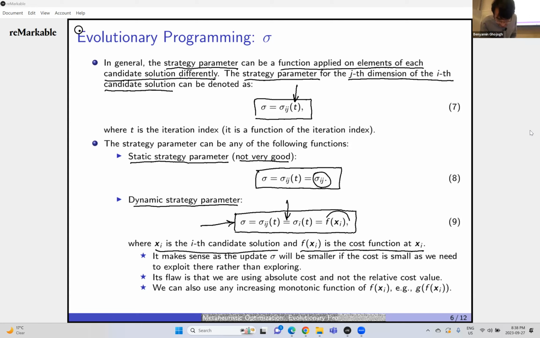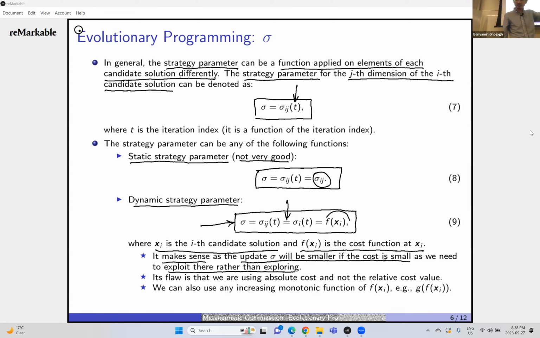It makes sense because the update of sigma will be smaller if the cost is small, as we need to exploit there rather than explore. The larger the sigma, the more jump I have. Do you agree that if the cost is small, it means that I should search there more, I should exploit there more? Therefore, my jump should be small.